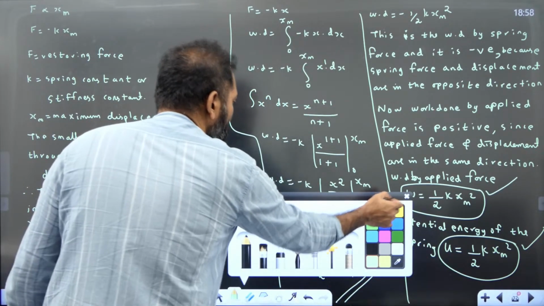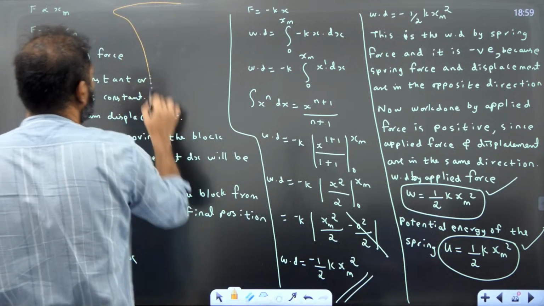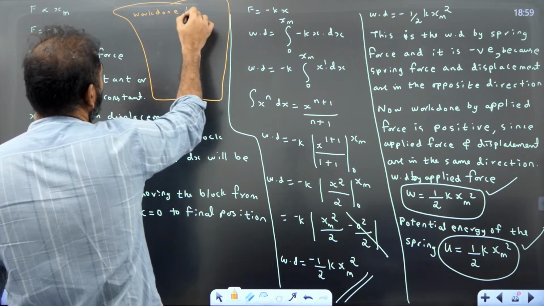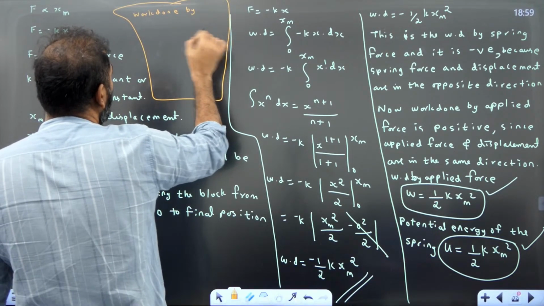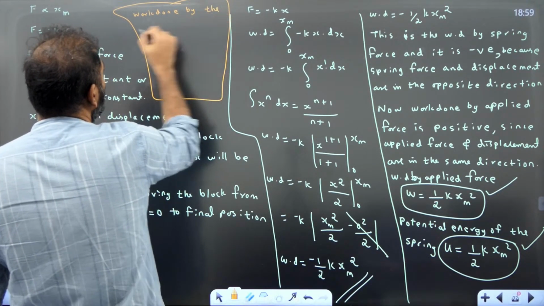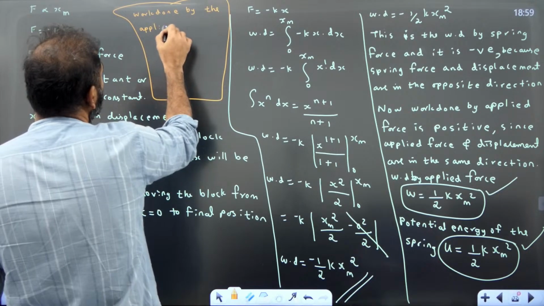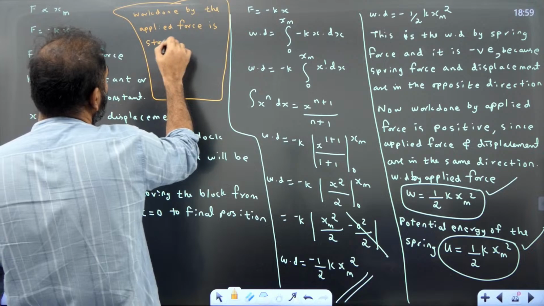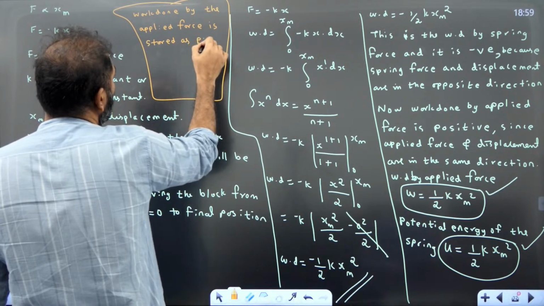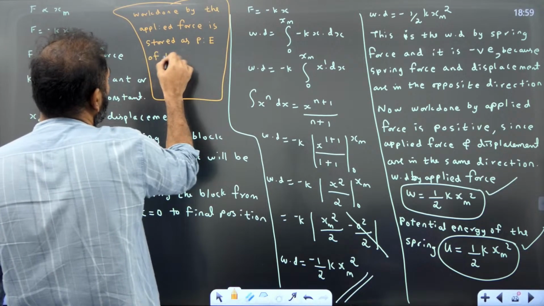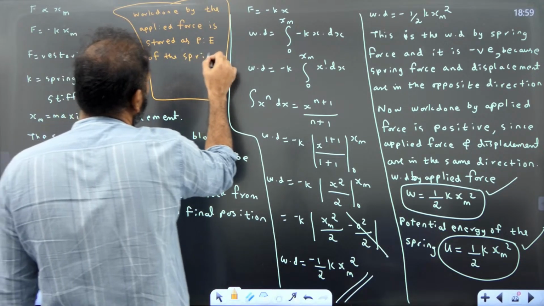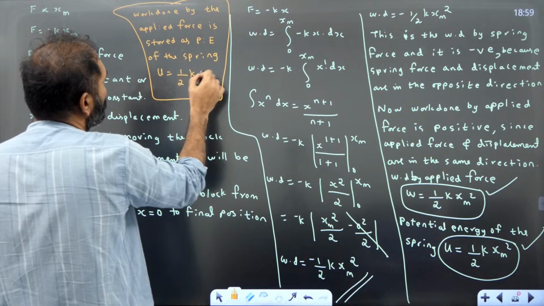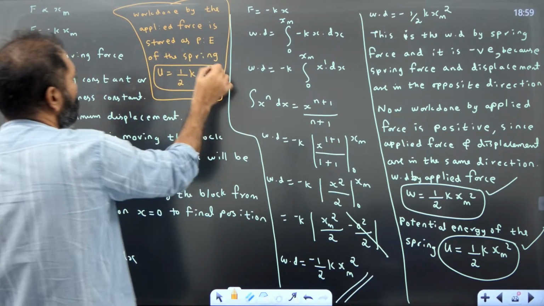Last conclusion: work done by the applied force is stored as potential energy of the spring. That is why potential energy of a spring is positive half k x suffix m square.